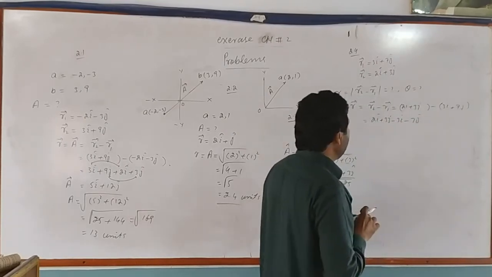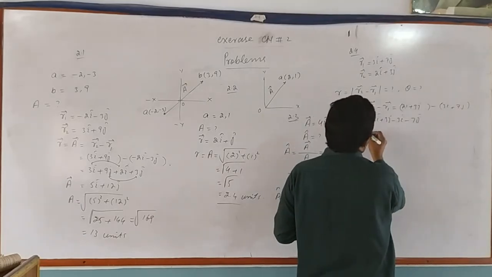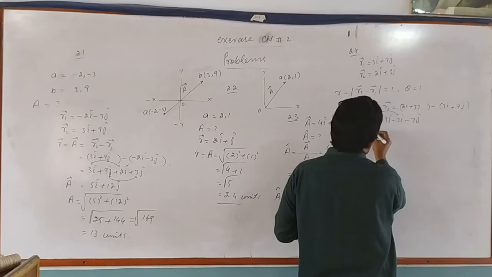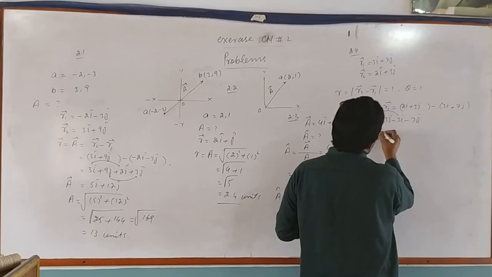As i unit vector values are added with i and j with j, this will be minus i unit vector minus 4j unit vector.